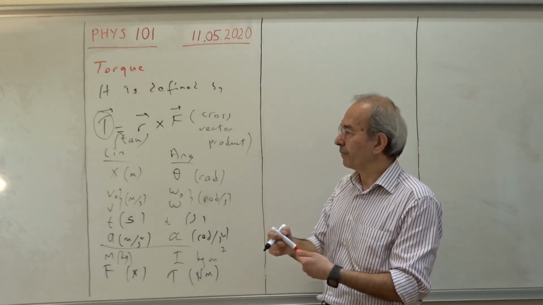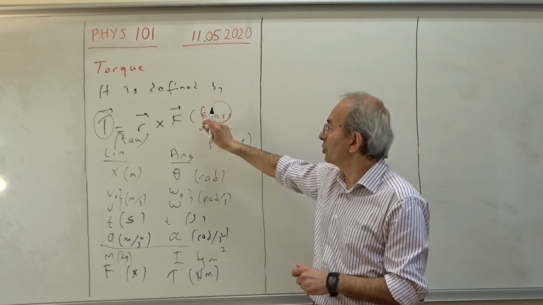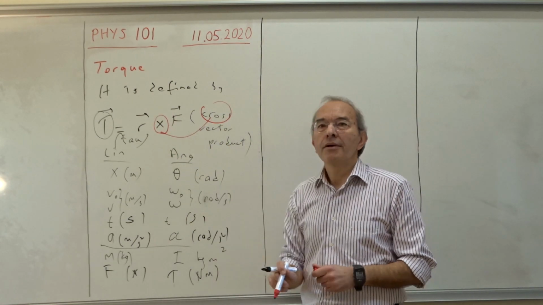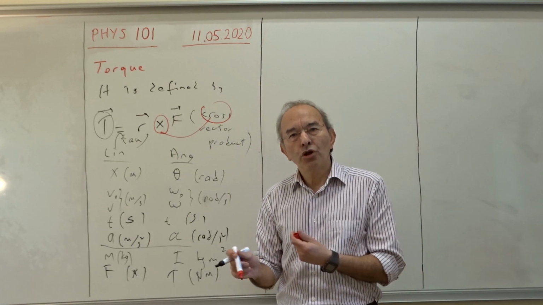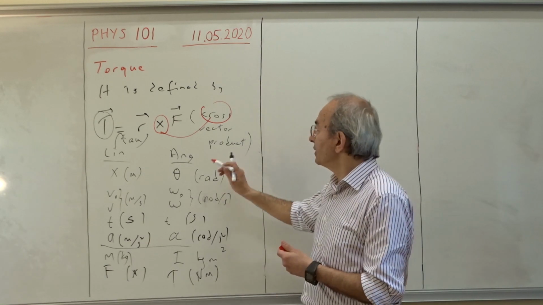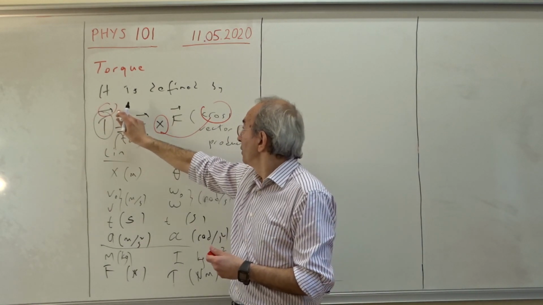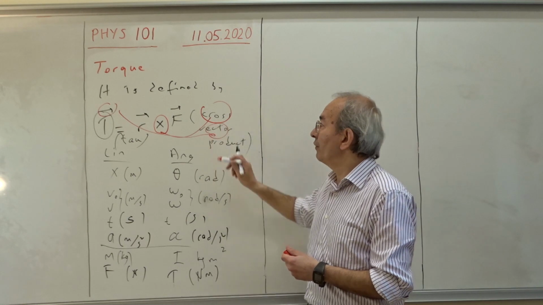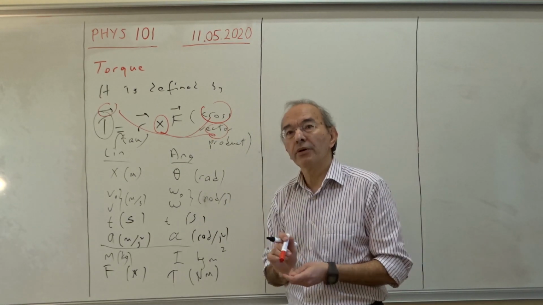It is also called cross product because there is a cross between the two terms to be multiplied. And since the result is a vector, it is also called vector product. But it is the same thing.